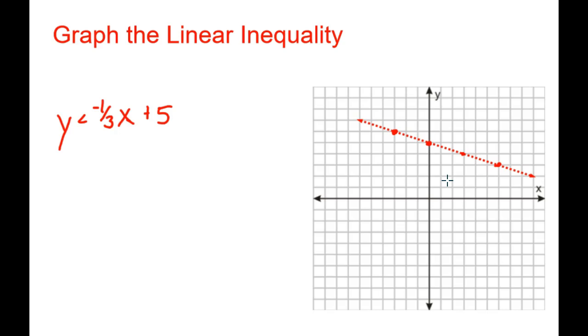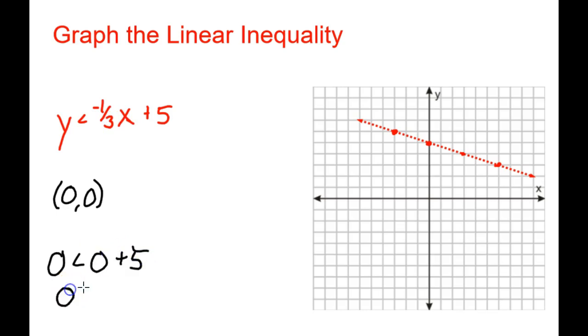The test point we should pick if we can is the origin, 0, 0. It just makes the process easier when we try to simplify. So I'm going to use 0, 0, plug 0 in for x and y, and see if I get a true statement for my inequality. So I get 0 less than negative 1/3 times 0, which is just 0, plus 5.